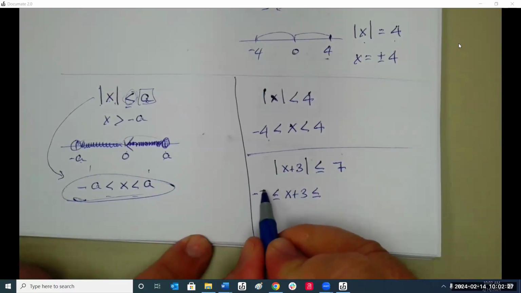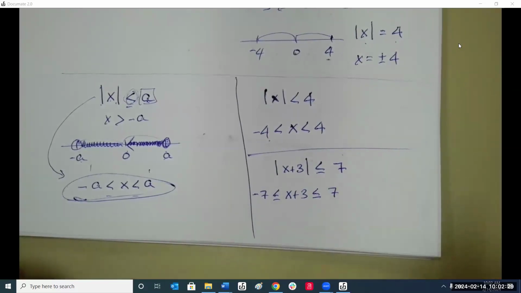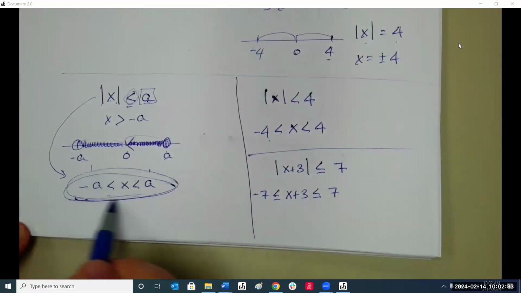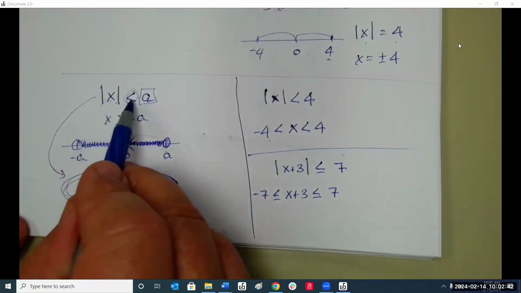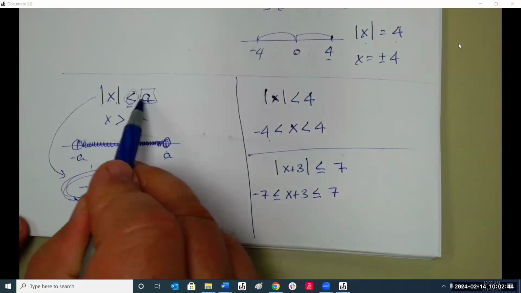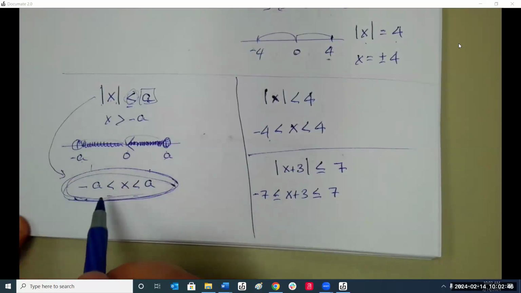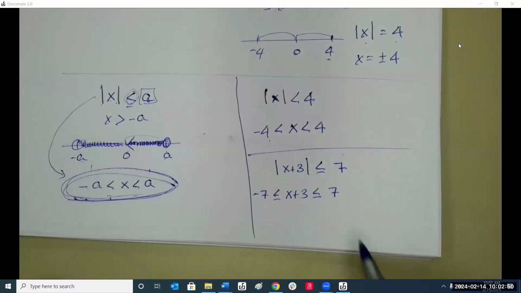I have the -7 and the +7. That's what this formula tells you. When you have absolute value is less than a number, when you drop the absolute value, it becomes this. There's nothing else in between.